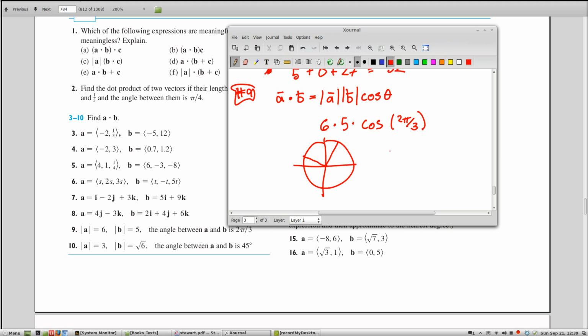What is it? 3 pi over 3 minus 2 pi over 3 is pi over 3, and yeah, so that means that this is going to be sort of like that, and so this is going to be minus 1/2. So this is negative 15. Negative 15.